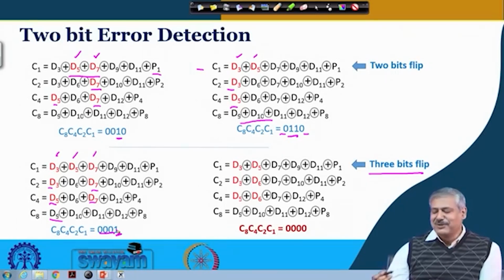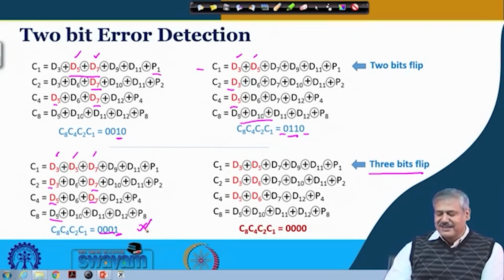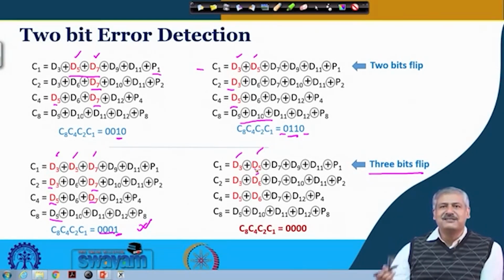But we were saying that it can detect 2 bit error. So, 2 bit error detection is guaranteed; the 3 bit error in this case got detected. But let us see another example whether it is getting detected or not. D3, D5 and D6. Let us consider that these 3 bits have got corrupted, have got flipped. D3, D5 is there in C1 generation. Since 2 bits have got flipped, it will not detect, it will be 0.